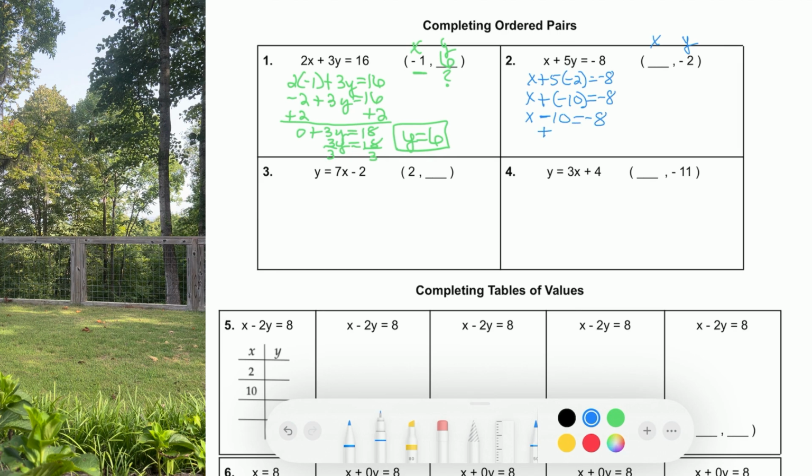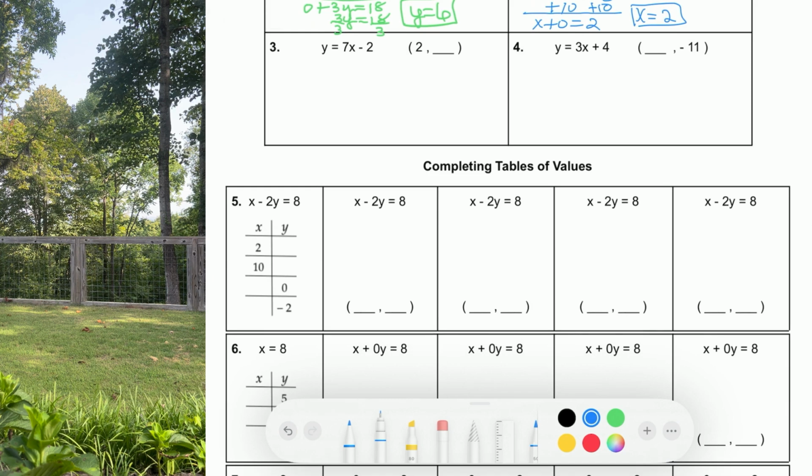Now I'm going to add 10. Add 10. I get x plus 0 equals 2. So x equals 2. And I will plug 2 in my coordinate answer. Number 3.